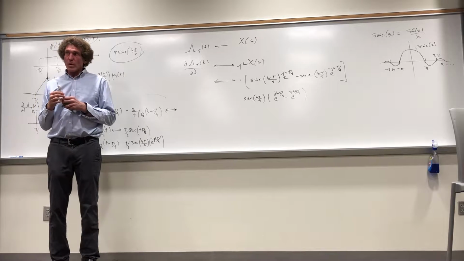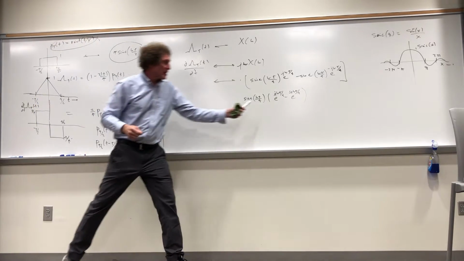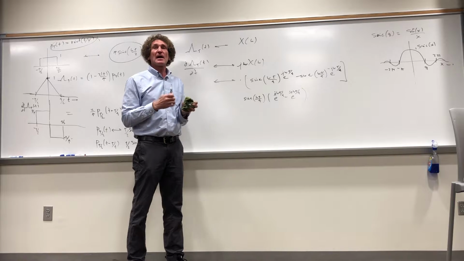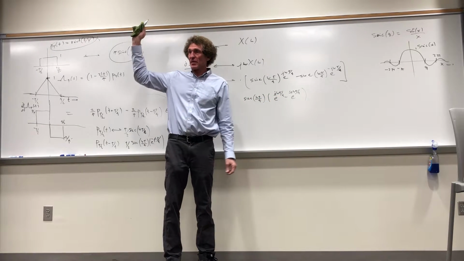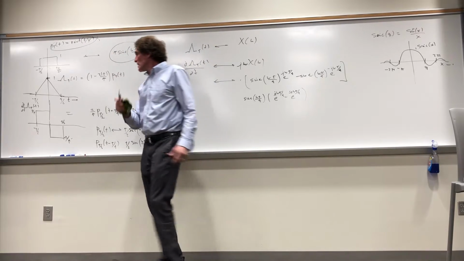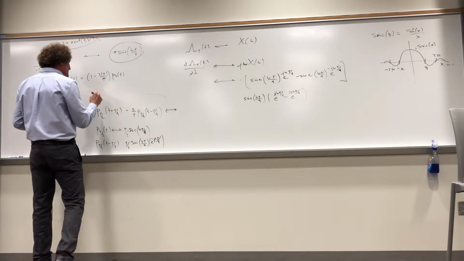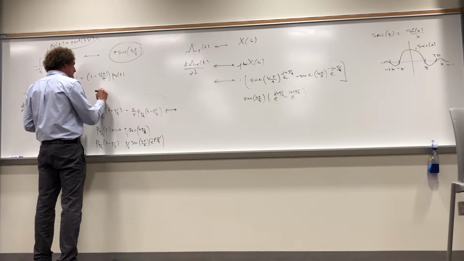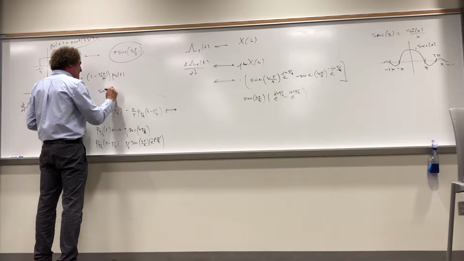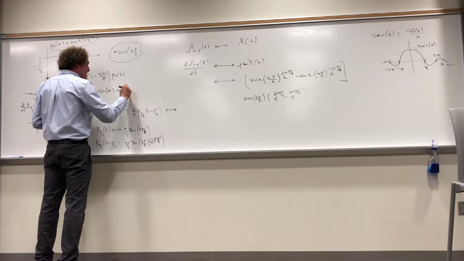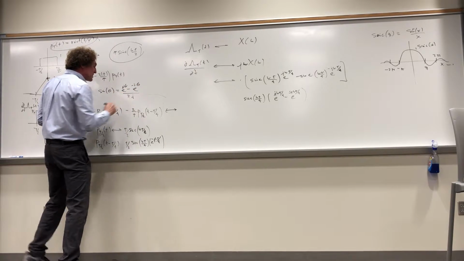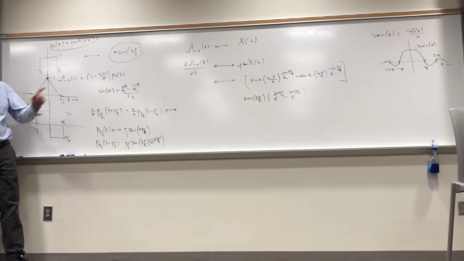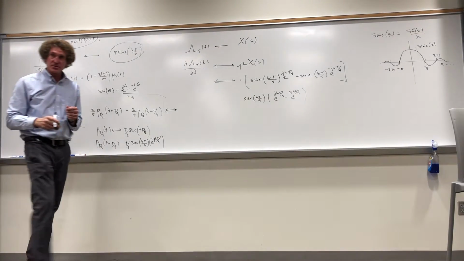Isn't that the very definition right here of 2j times the sine of omega tau over 4? How many see that right there? Sure, from Euler's, right? In case you don't remember, Euler's said what? The sine of theta was e to the j theta minus e to the minus j theta over 2j. So if you multiply this by 2j, you have the difference in the exponentials right there.